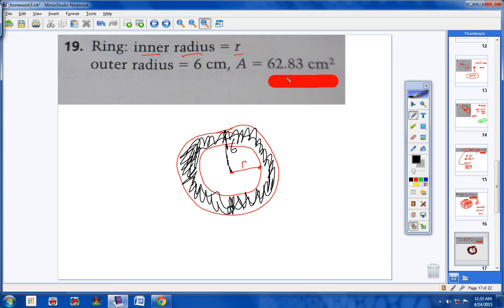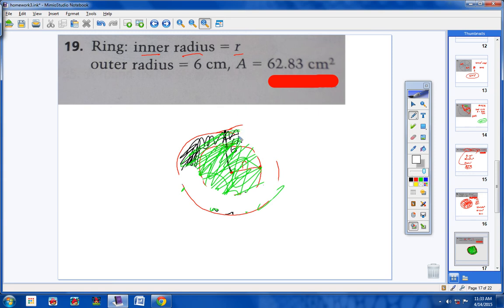Now, guys, let's think about this. Come on. If I find the area of this entire circle, got it? This entire circle, just like this. And then subtract out the outer ring like this. Look carefully. What area am I left over with?